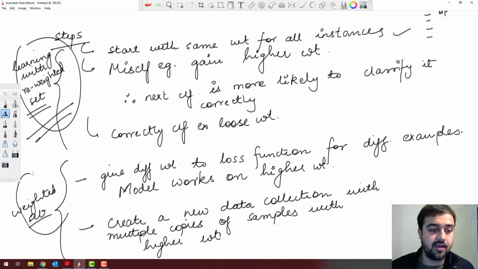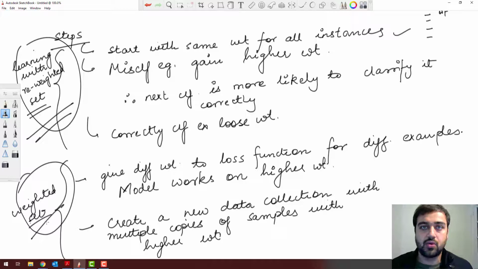Now, learning with a weighted set, where you don't change the weight for the instances, you just give different weights to the loss function for different examples, right? As soon as it's misclassified, that weight is applied to the loss function, and the model works on the higher weights, because those are the things that are affecting the loss function. Now, we create a new data collection with multiple copies of samples with higher weight, right?